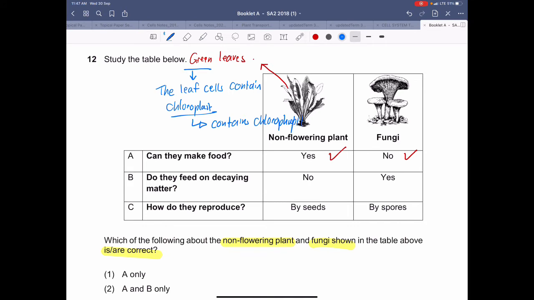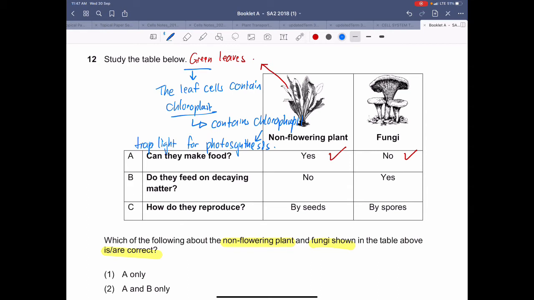And the function of chlorophyll is to trap light for photosynthesis. Whereas your fungi is usually brown in color.